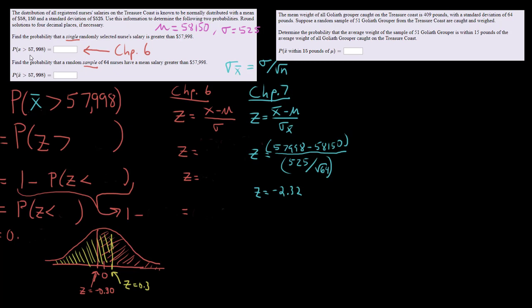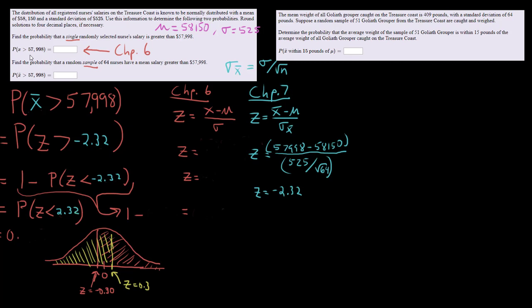So we go back to our statement, and now we're looking at z greater than negative 2.32, which we can solve, since it's a greater than probability, by either looking up negative 2.32 in our table and then subtracting that value from 1, or we can look up the opposite of negative 2.32, which is positive 2.32.